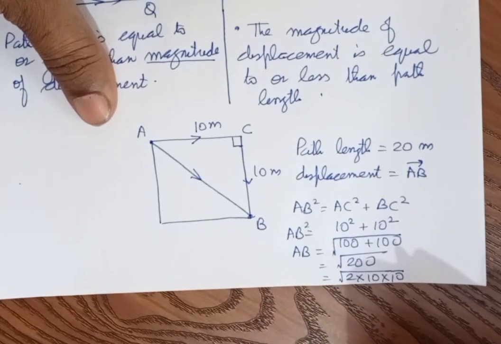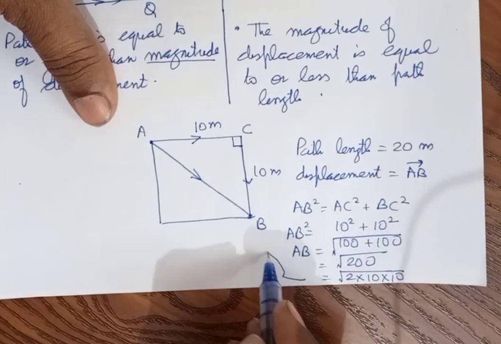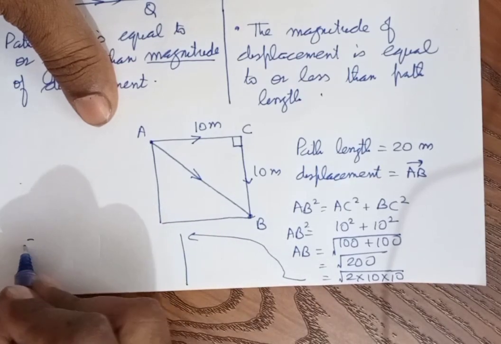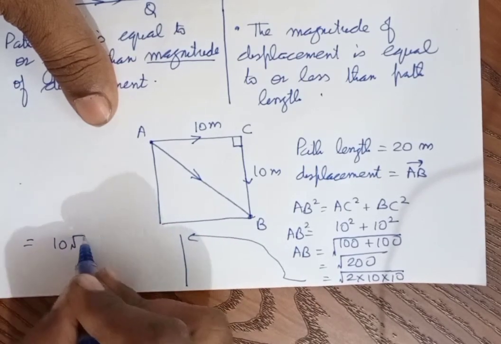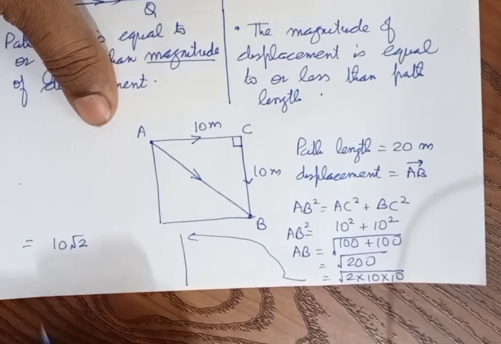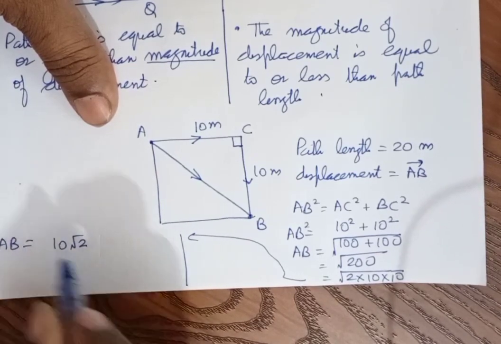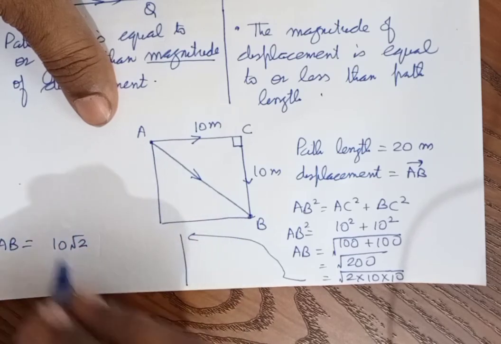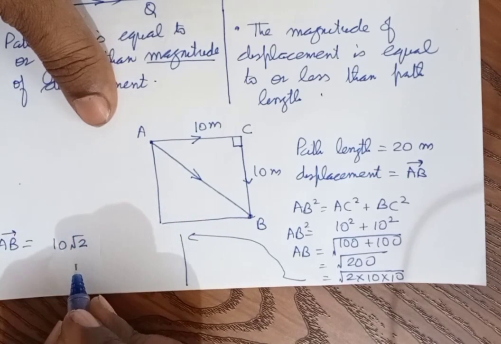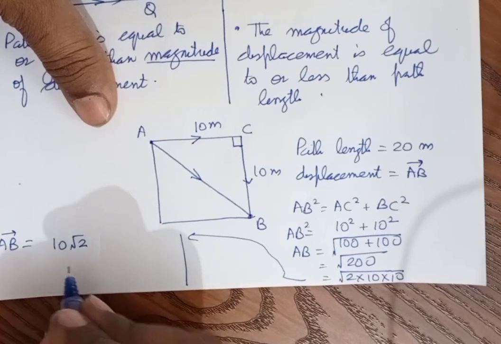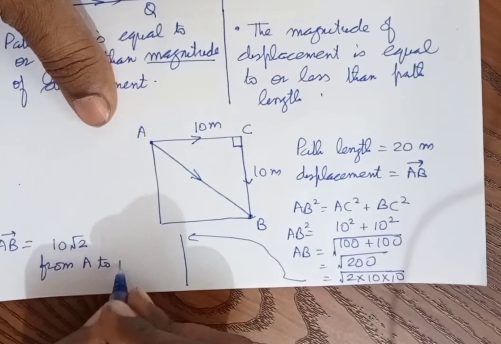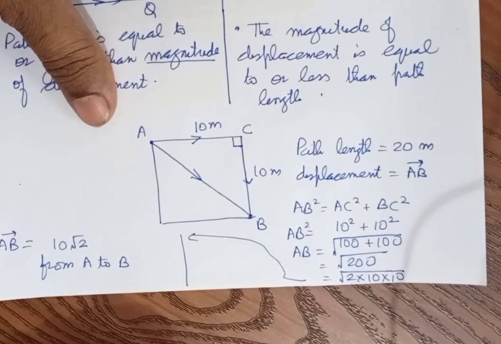As 10 is in a pair, 10 can be taken out of the square root. So AB is equal to this much, and also you have to write from A to B, because you need to specify the direction. So from A to B, this is the displacement.